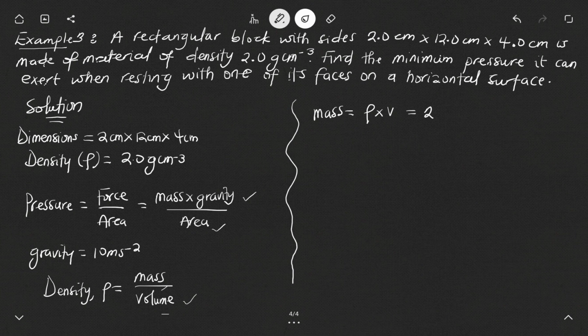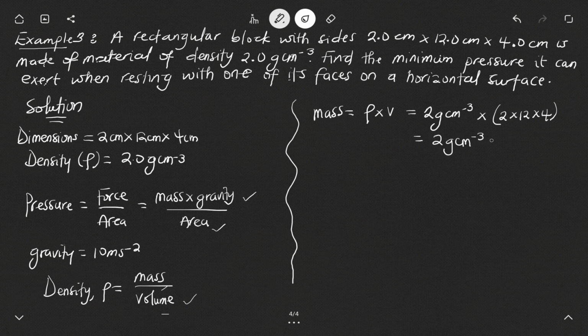I will maintain it like this because the units can cancel. So I have here 2 gram per cm cube multiplied by the volume. The volume will be equal to, in brackets, 2 multiplied by 12 multiplied by 4.